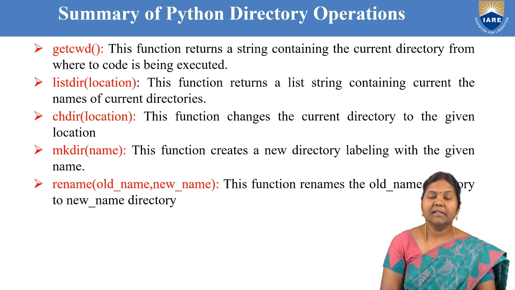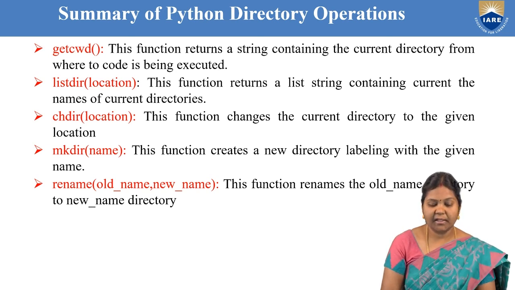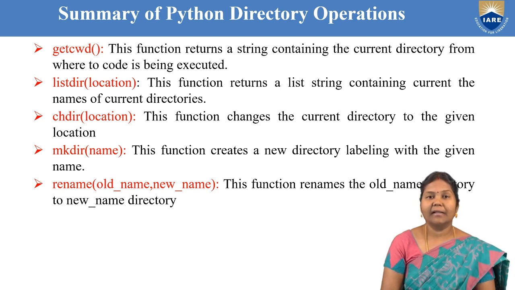Next, we have seen the change directory function chdir. Next, we have seen how to create our own directory by using the mkdir method. Next, we have seen how to rename a directory name or file name from old name to new name. We can do it using the rename method.